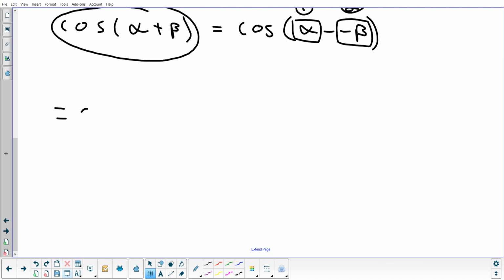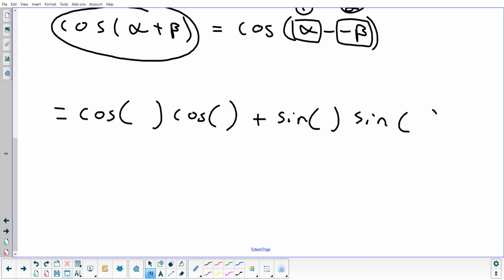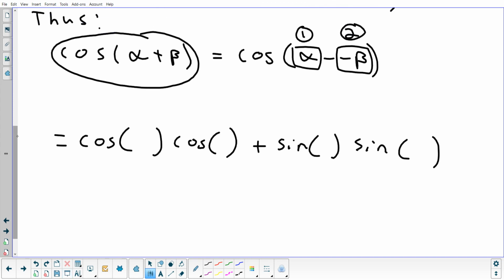Cosine of the first angle times cosine of the second angle. Okay. Plus sine of the first angle times sine of the second. Okay, so I've got my cosine, sine, and now fill in first, second. This time we don't have any numbers. My first angle is alpha. My second angle is negative beta. First angle alpha, negative beta.